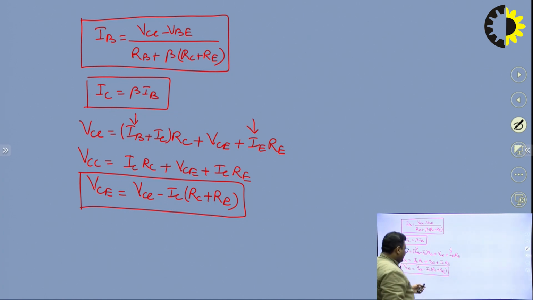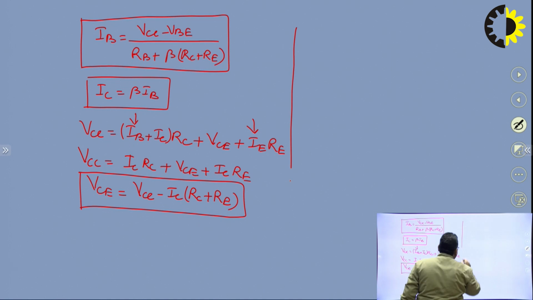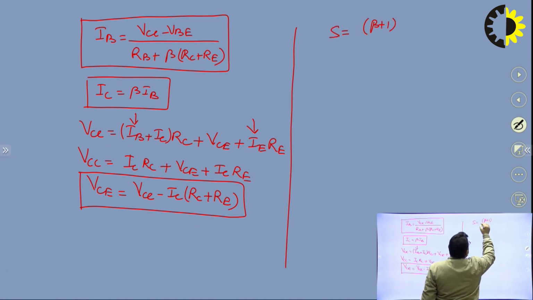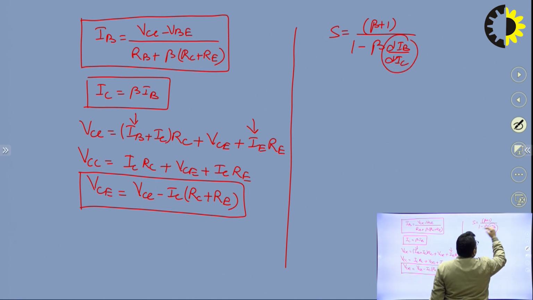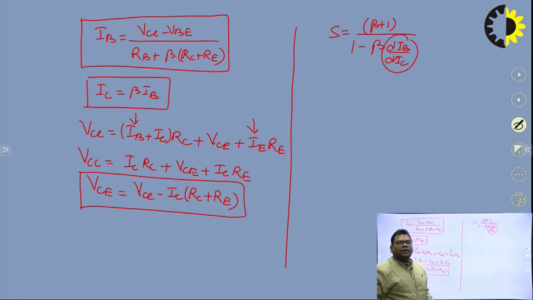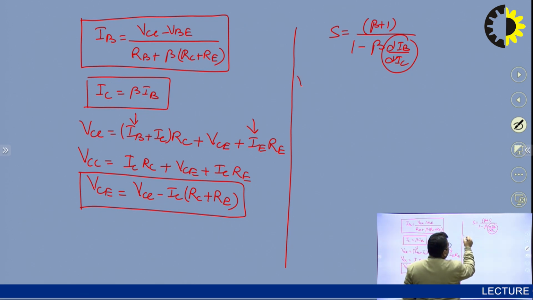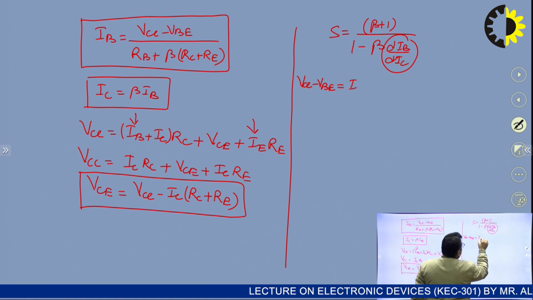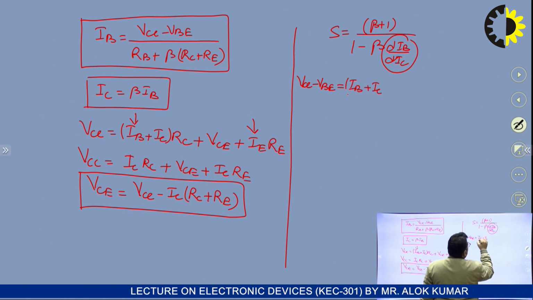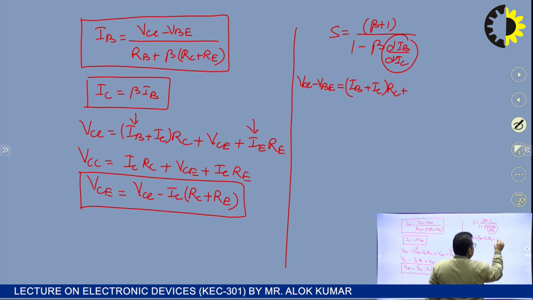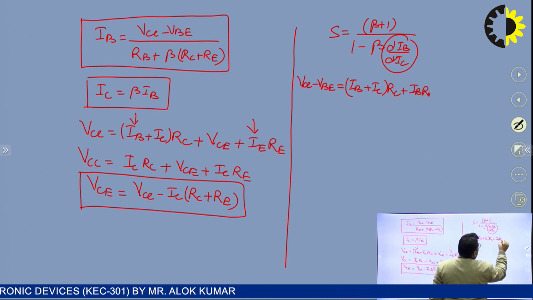And to find the stability factor, again we can use the formula S is equal to (beta plus 1) divided by (1 minus beta times dIB over dIC). To calculate this value dIB over dIC, we want our input side equation, and the input side equation was VCC minus VBE is equal to (IB plus IC) into RC plus IBRB plus IERE.